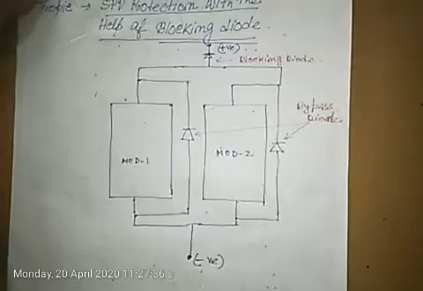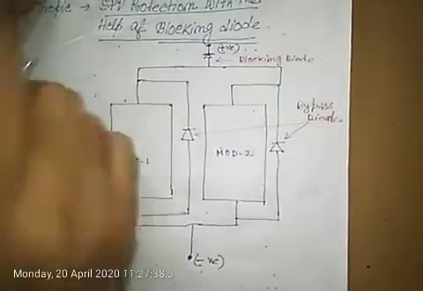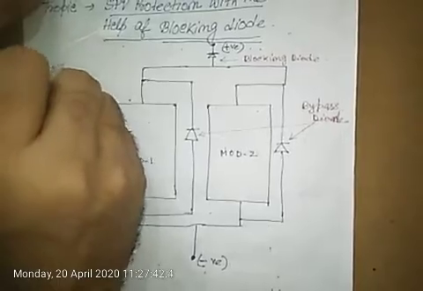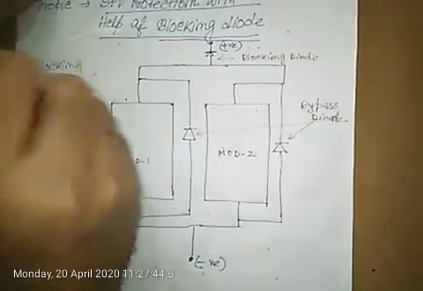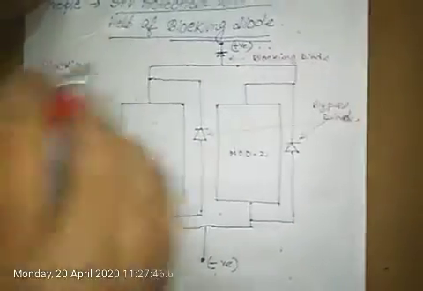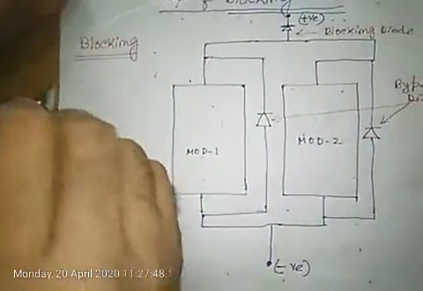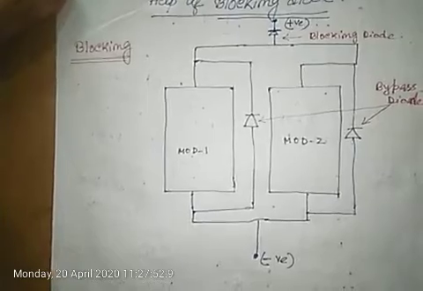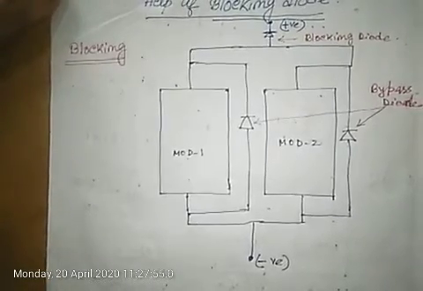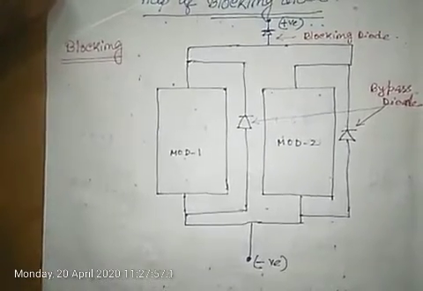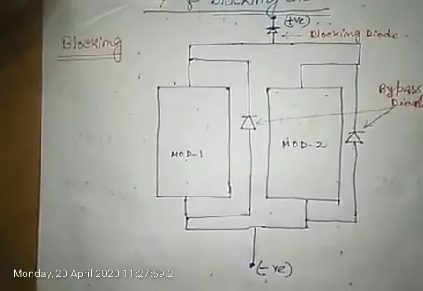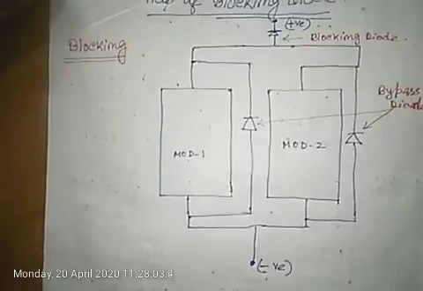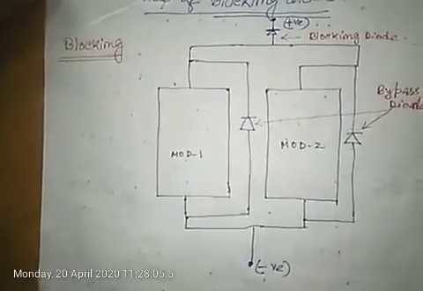So what is the importance of the blocking diode? The terminology is blocking. Which blocking? Everybody knows that at daytime, when sunlight is available, the sun's photon particles fall on the solar PV system.